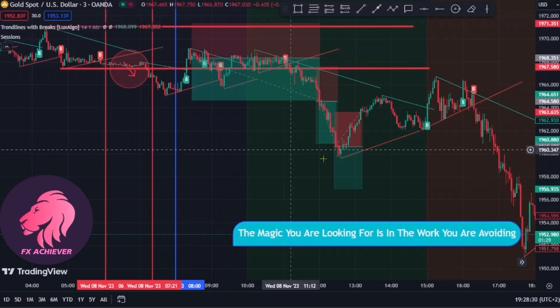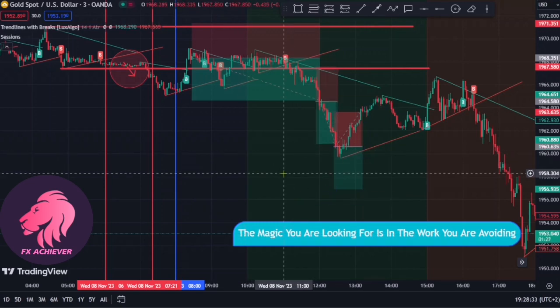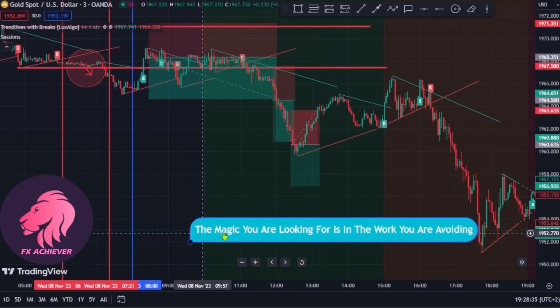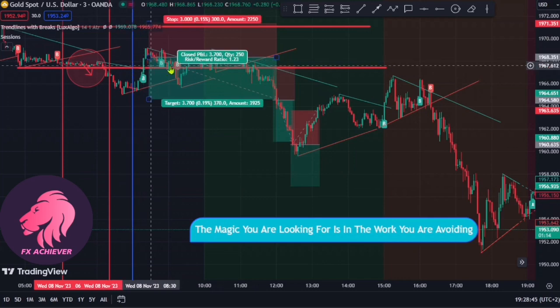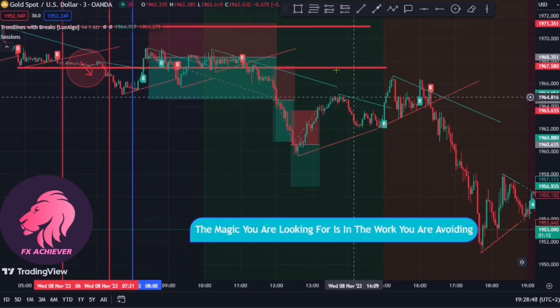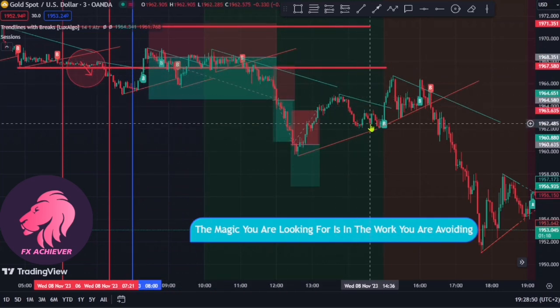There's this quote which I wrote here, and I wanted you to check this out. It says, the magic you are looking for is in the work you are avoiding. Sometimes analyzing the charts or backtesting can be a very difficult task.